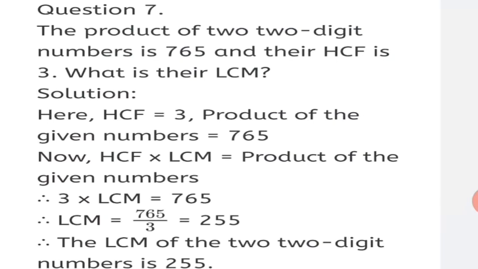Therefore, LCM is equal to 765 upon 3. You divide it and you get the answer, 255. Therefore, the LCM of the two two-digit numbers is 255.